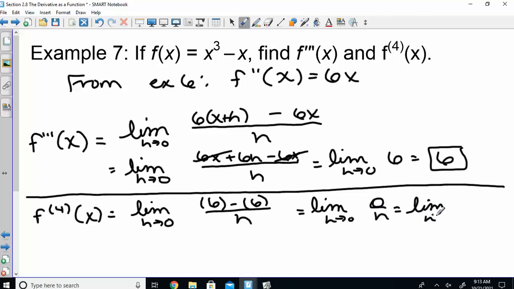So I get 0 over h, which is 0. That's a constant. Derivative of a constant is 0. So my fourth derivative here was 0. And once you hit that point, any further derivatives will also be 0. So 5th, 6th, 7th, everything from here on out would be 0.